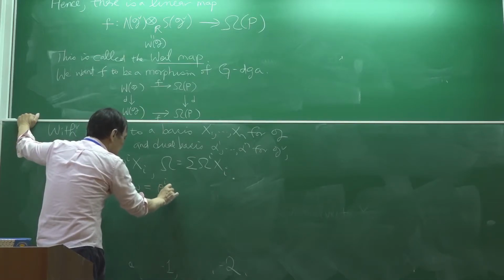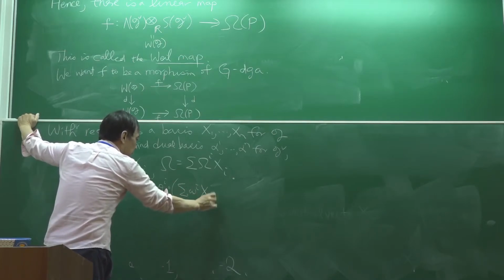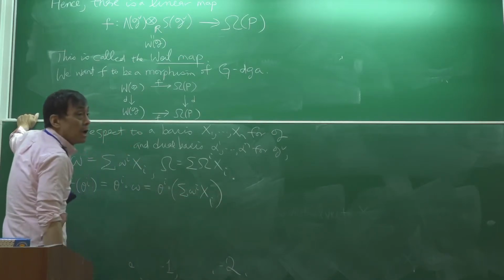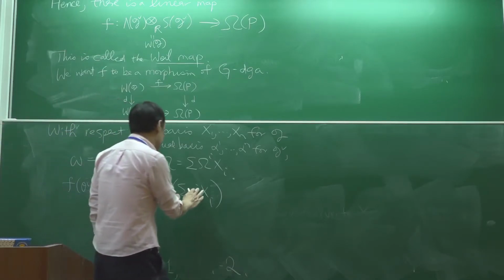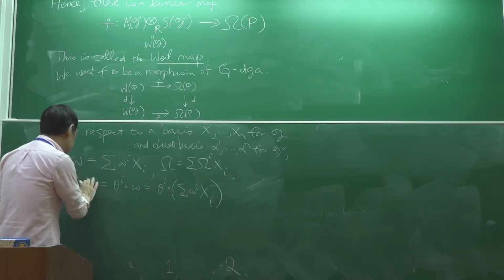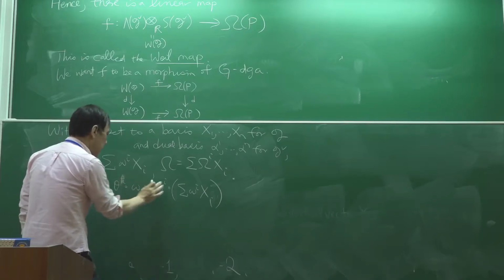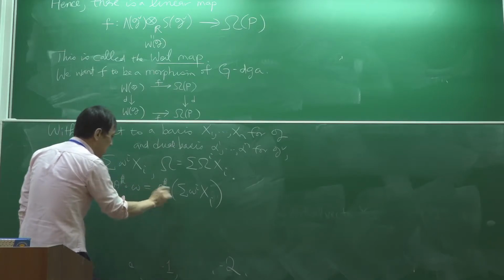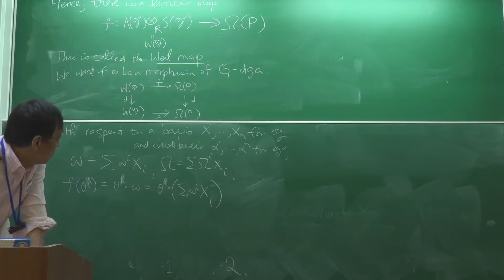So theta I composed with the sum of omega K xi. I probably should call this K. Okay. And what is that equal to?